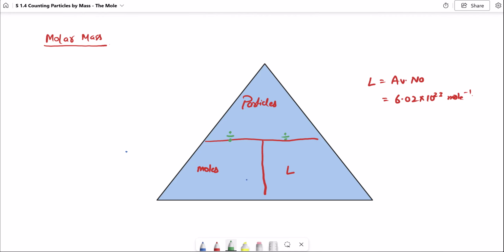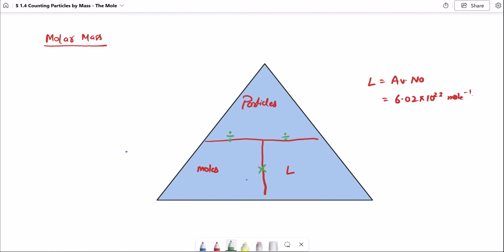When you want to find the moles, you have to divide the particles by Avogadro's number. If you want to find the particles, you multiply moles with Avogadro's number. So this is the triangle concept, the formula triangle diagram.